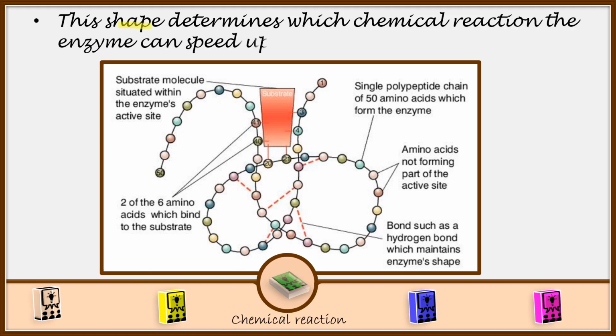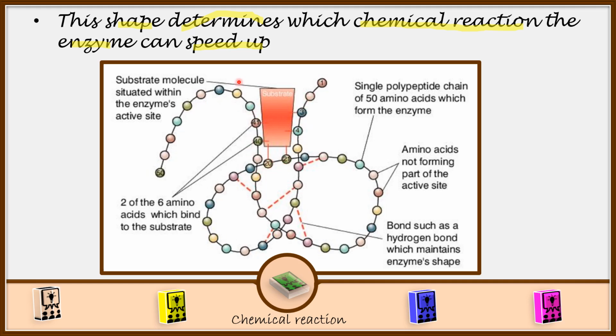This shape determines which chemical reaction the enzyme can speed up. If we look at our enzyme here, just look at its active site. It can only fit the shape of this substrate, meaning that the chemical reaction this enzyme is going to speed up is determined by this shape.